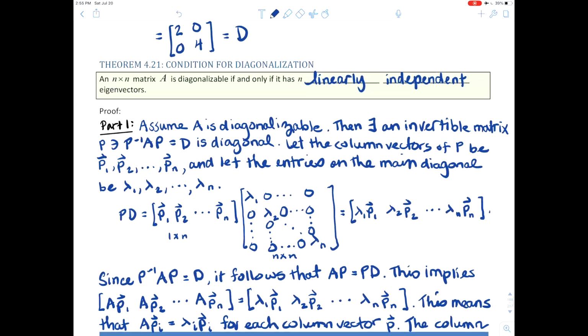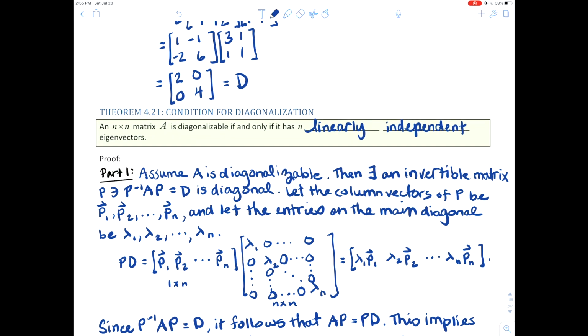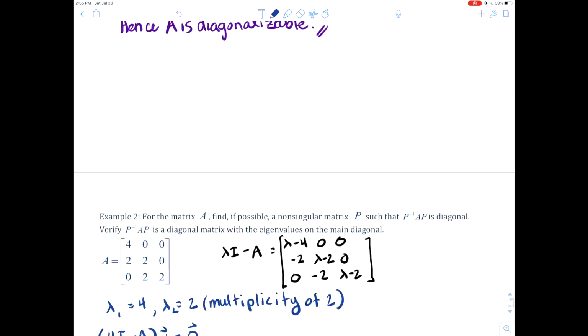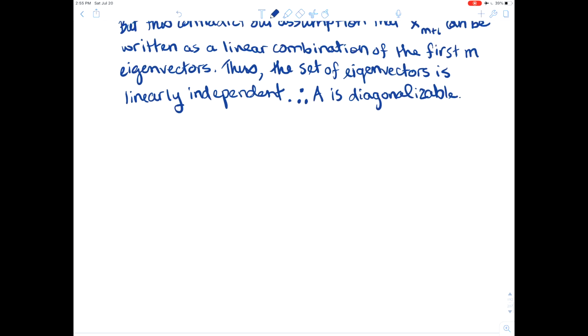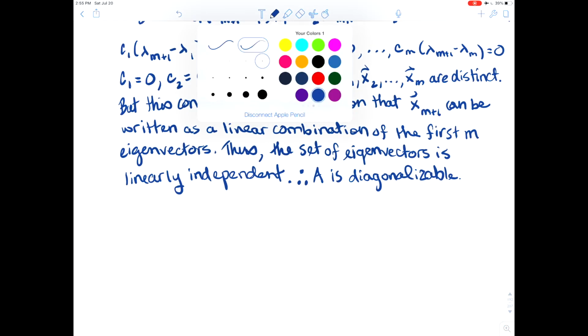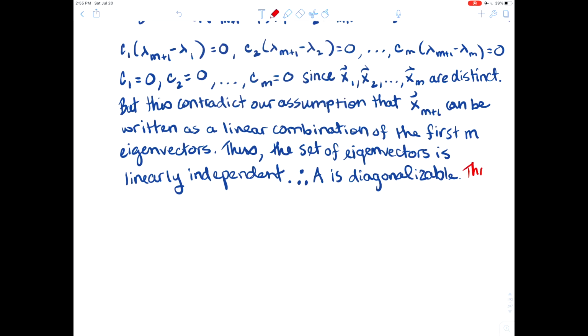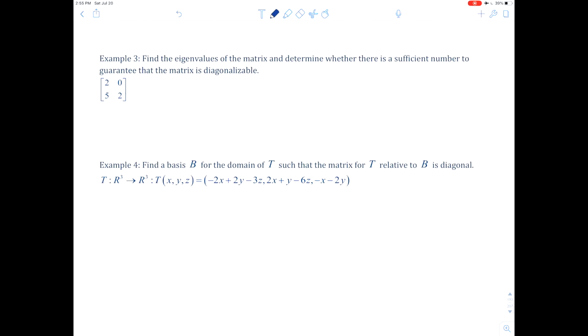It was from theorem 4.21. And we're done. All right, that's always a nice proof.